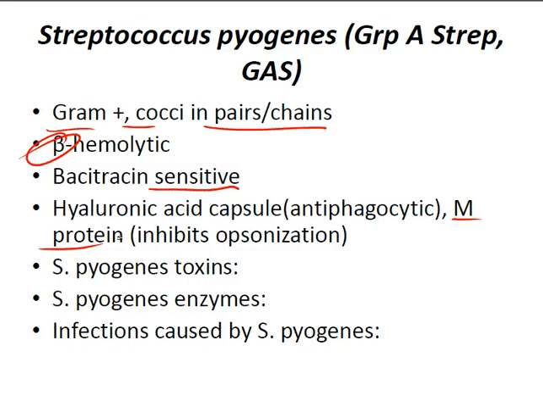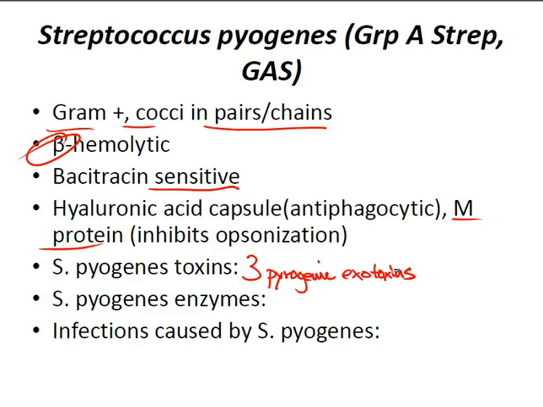Now, the strep pyogenes toxins. There are 3 pyrogenic exotoxins, also called SPEs, for scarlet fever toxins and erythrogenic toxins.